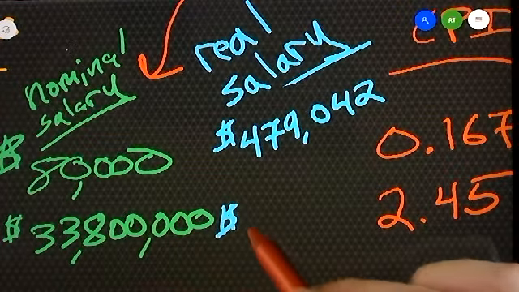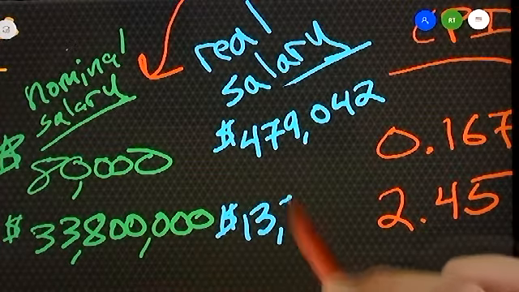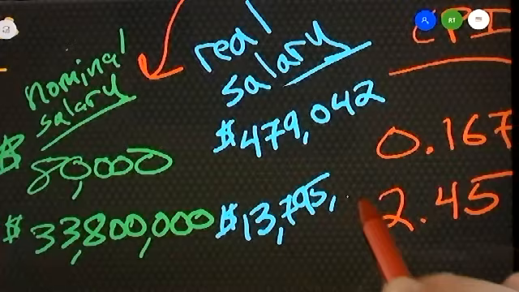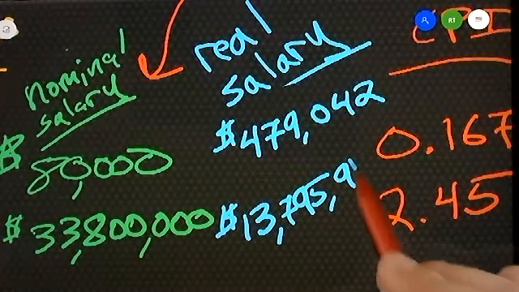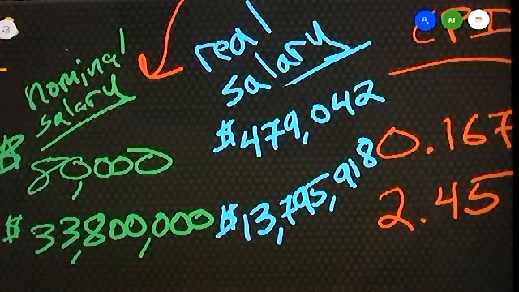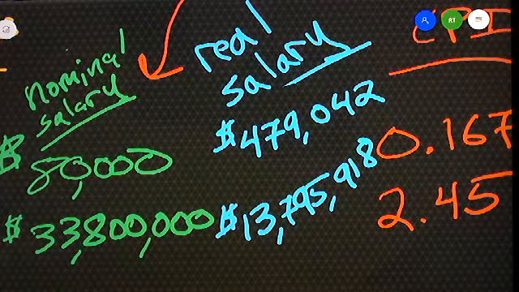It's going to be 13,795,918. So the gap is still there, just not as much. Now this person's only making 26 times the amount of Babe Ruth instead of hundreds, right? Hundreds and hundreds, 500 to 1,000 times.